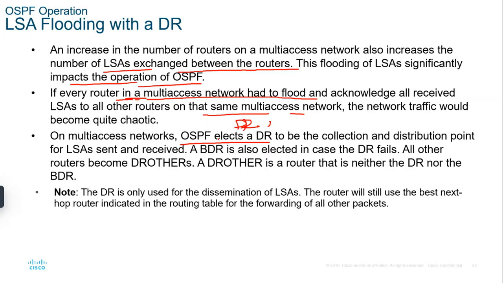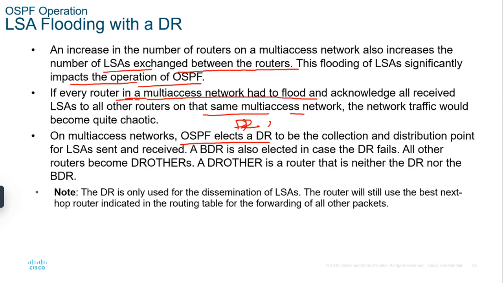And once it sends the advertisement, the acknowledgements are going to be pointed back to the designated router, not these other routers. So that is the distribution of link state advertisements sent and received.